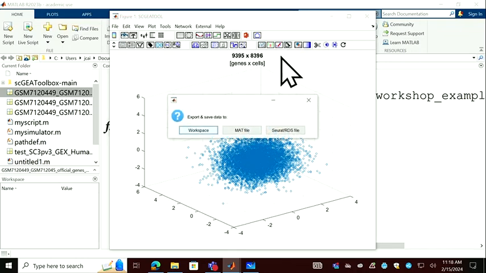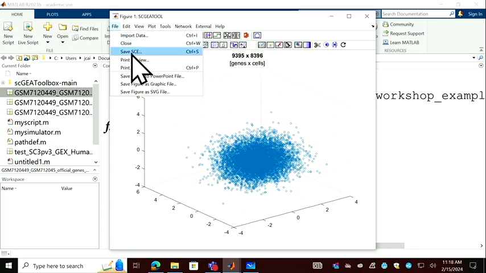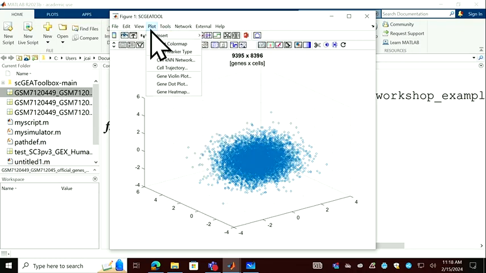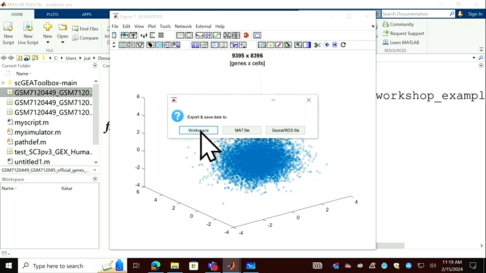Okay. So what you can do is click this export button here. The same should be in the file menu. Yeah, for now you just click this button here, and then you see I want to export my data into the workspace.